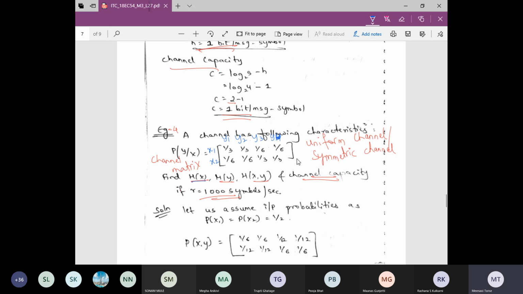In order to compute H of X, H of Y, H of X comma Y, we need a JPM. But the given matrix is a channel matrix, so we need to convert it to a JPM. Since we have only two inputs and it is a symmetric channel, the input probabilities are P of x1 is 0.5, P of x2 is 0.5.